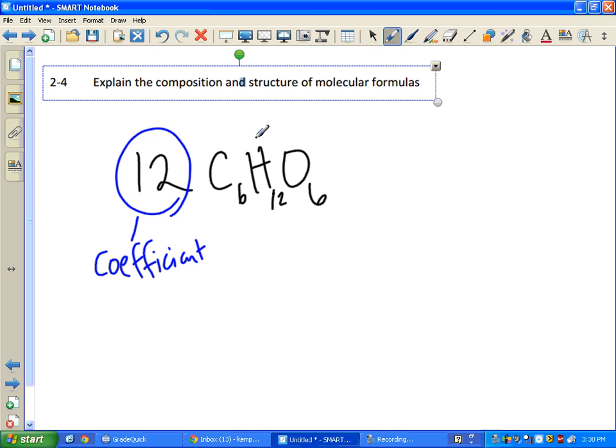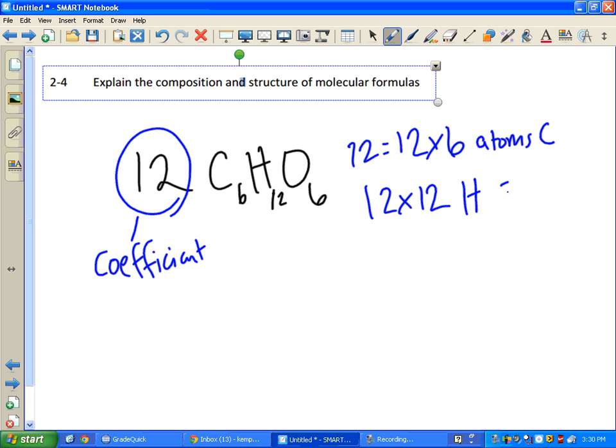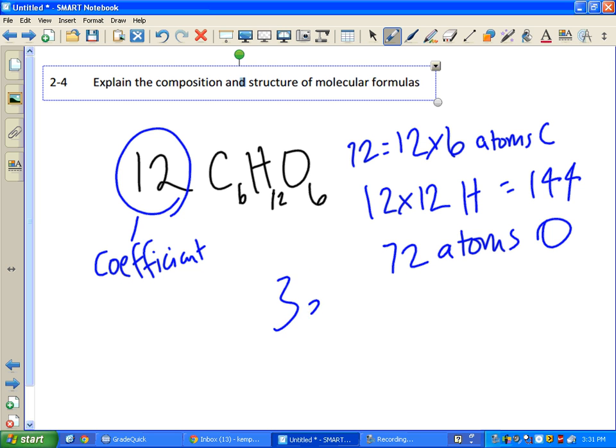You need to know that there are 12 times 6 atoms of carbon, which is 72. Okay, you need to know then that it's 12 times 12 to find out how many hydrogen atoms there are. That's 144. Okay, and then there's 72 atoms of oxygen. You also need to know that in this compound right here, you have 3 elements.